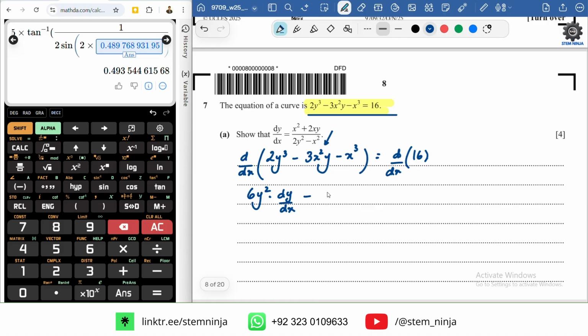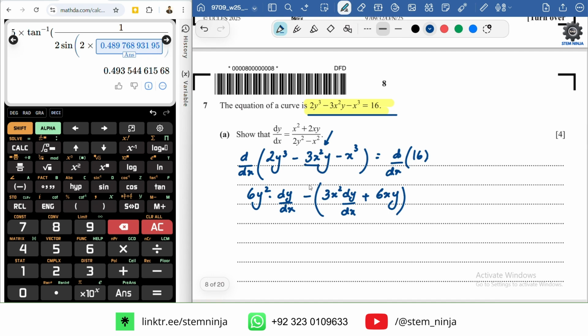So 3x squared dy by dx, and then plus 6x times y.